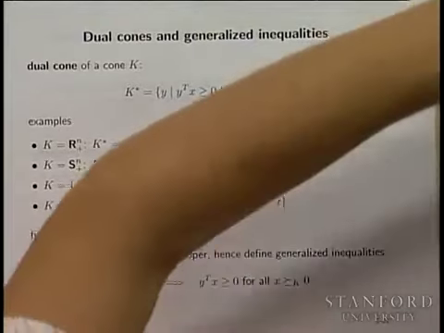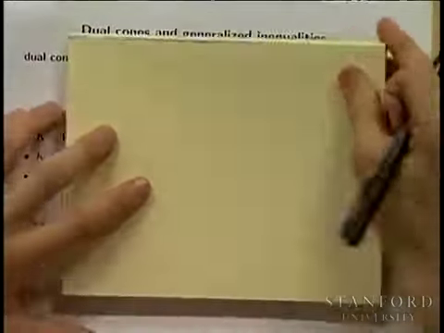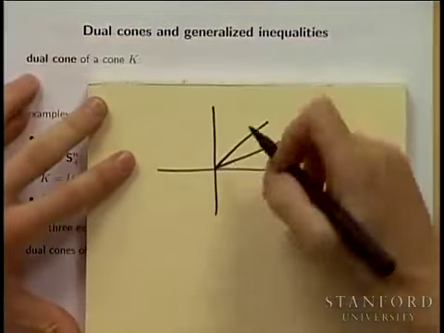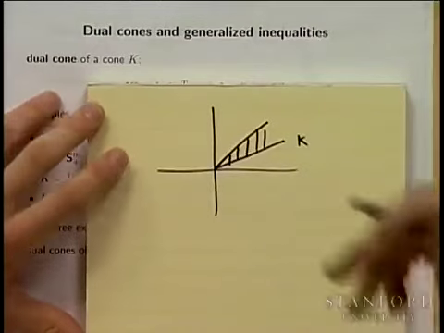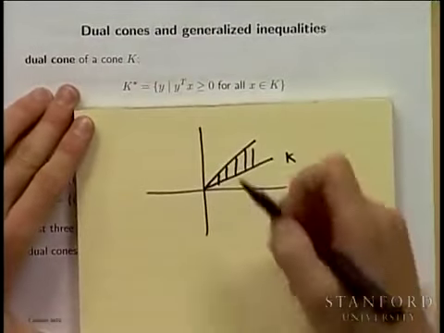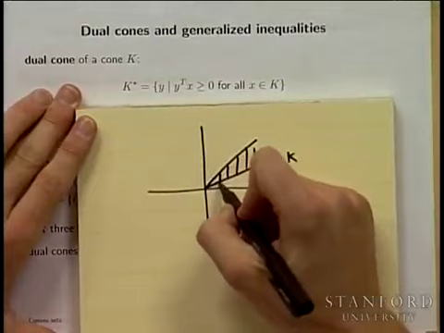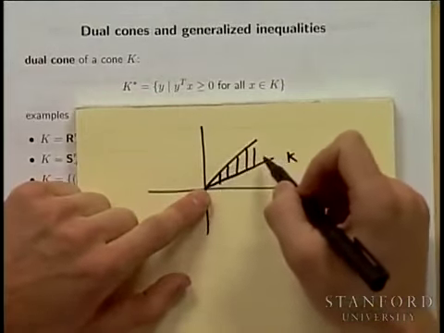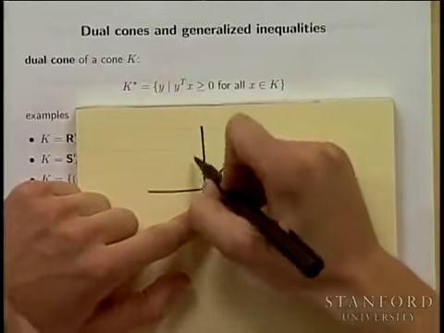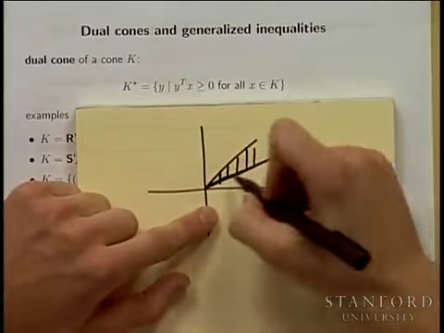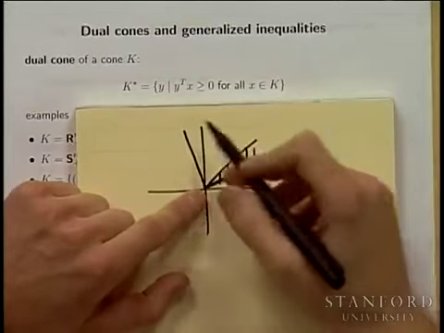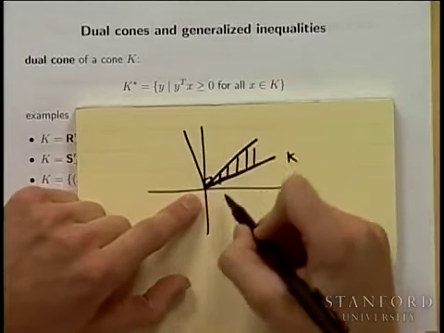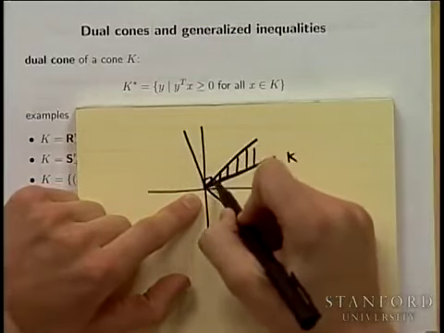Let's see what that means. If I have a cone that looks something like this, and I'll call this K, and it happens to be proper, that's fine. K star in this case is any vector Y where Y transpose X for all X in K is non-negative. So let's take this line here. I draw out a right angle like that. Then I take this one here, and I do a similar thing and draw a right angle like this.